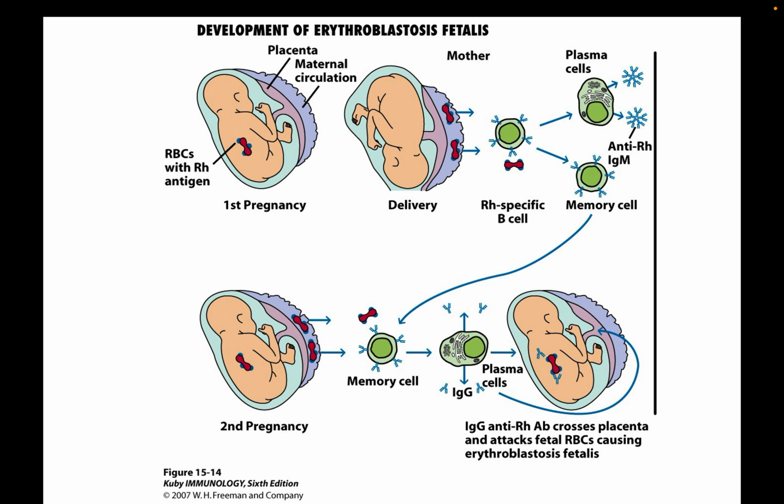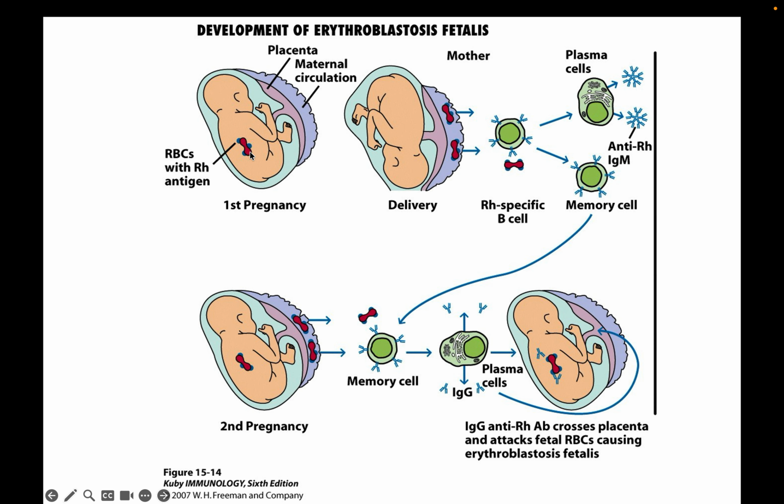So let's imagine that you're a mother that is Rh negative. You are pregnant and your baby is Rh positive. These are the red blood cells, which have this Rh antigen, shown here in these little blue bubbles.